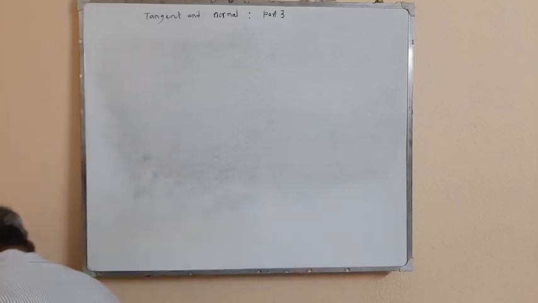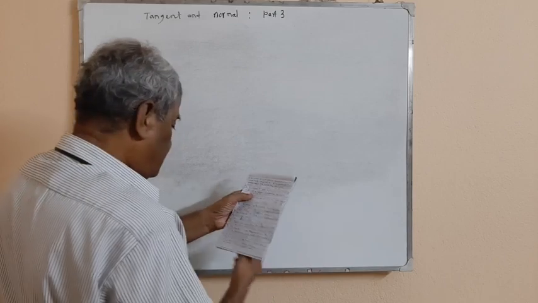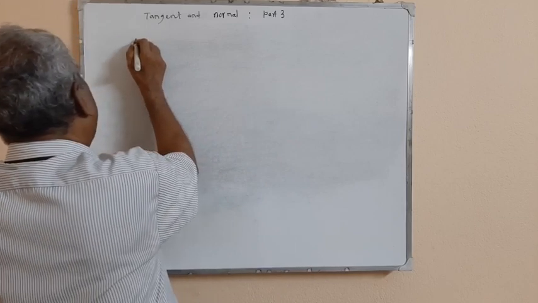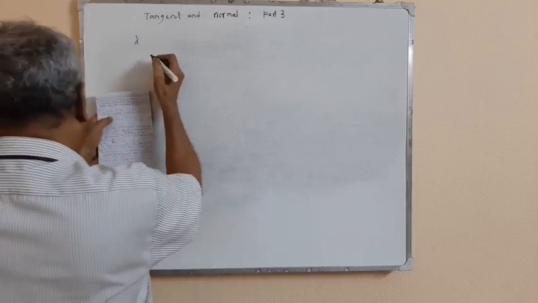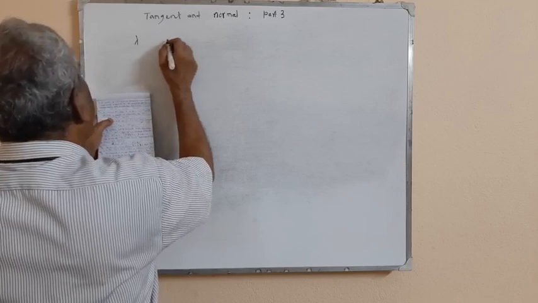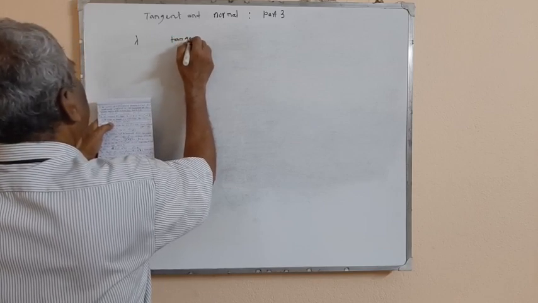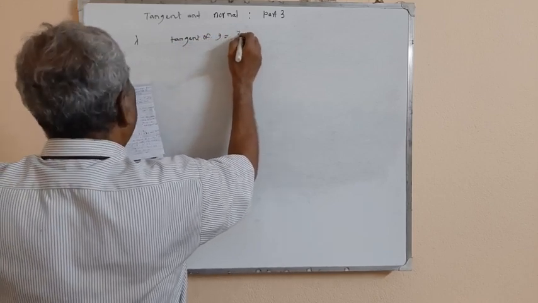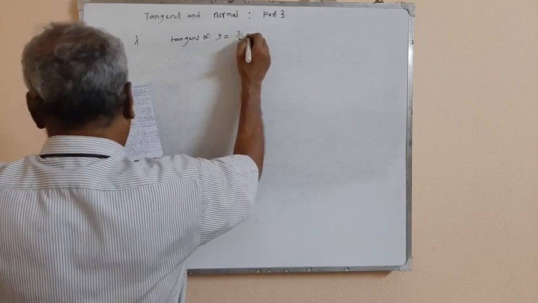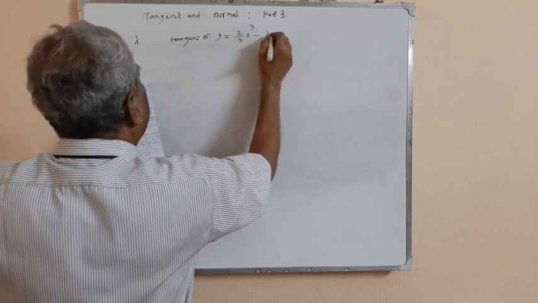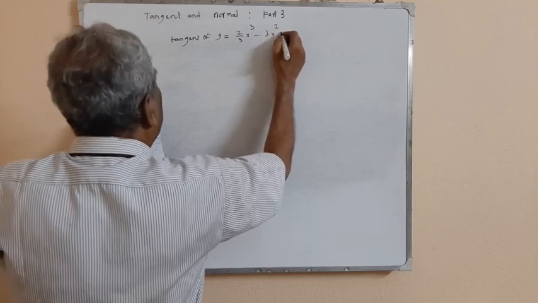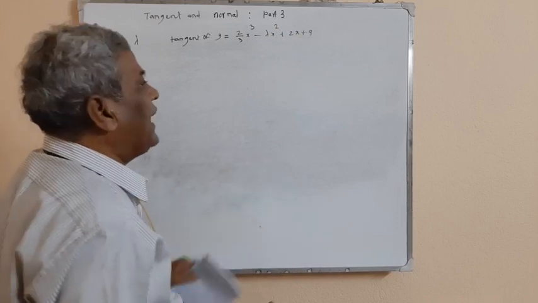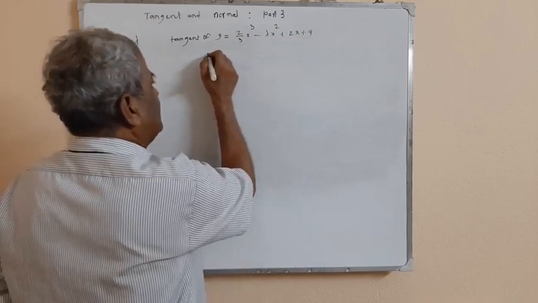First problem is the range of lambda so that the tangent of y is equal to 2/3 x cube minus lambda x square plus 2x plus 9 makes an acute angle with x-axis.